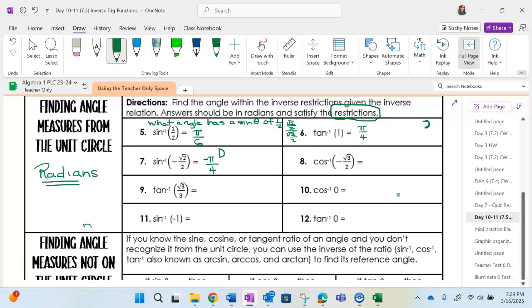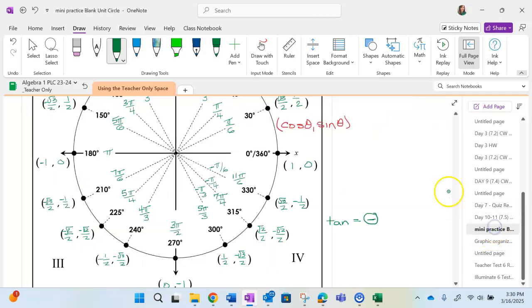All righty, now you can kind of check this a little bit. I'll explain that to you in class, but let's move on to 8 and we'll get back to that. All right, cosine. What angle has a cosine of negative square root of 3 over 2? Now remember, we can only use quadrant 1 and quadrant 2 for this one. So I'm going to the unit circle. Here we are.